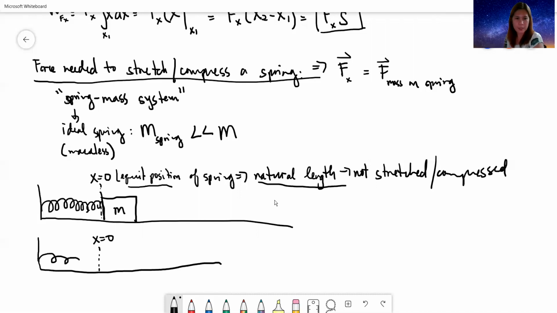And then, if we want the spring to be stretched this much, from here going to the center of gravity of the mass, for example, this is now x, which is the amount of stretching. Ayan. So, the spring is able to stretch kasi nakatanggap siya ng force to the right.